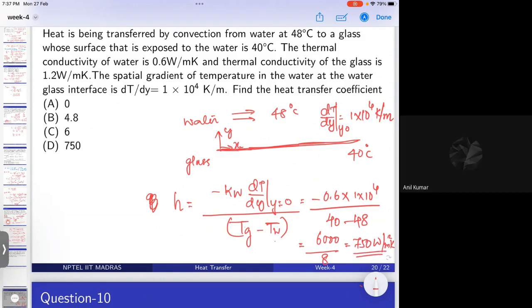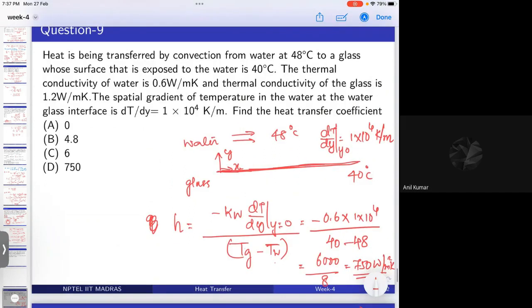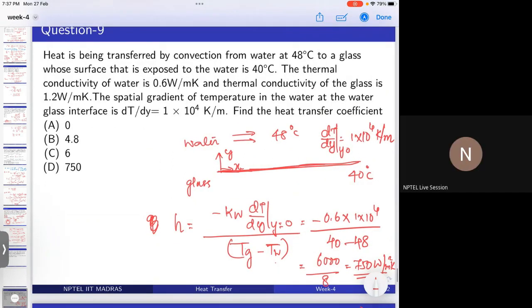Sir, I have a doubt in this question. Nowhere is it written that the water is moving. No, it's already mentioned that the heat is transferred by convection from water.